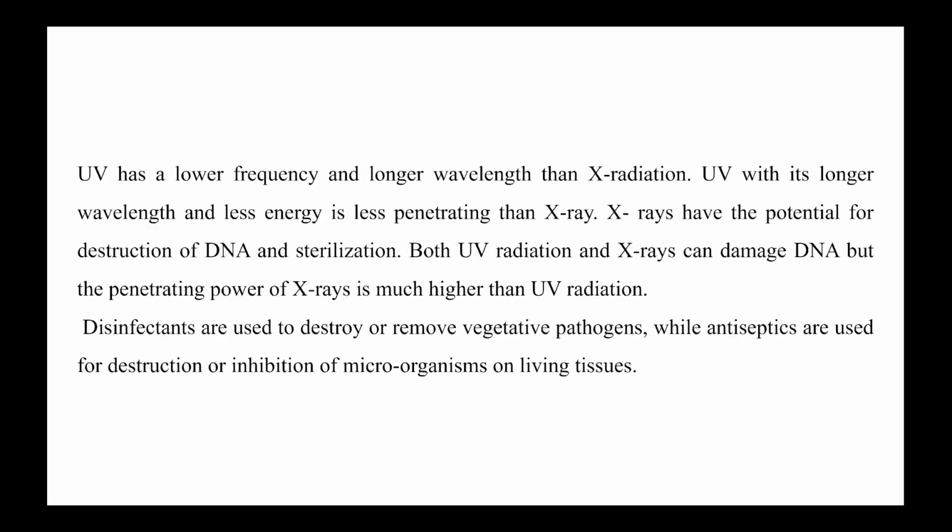UV has a lower frequency and longer wavelength than X radiation, due to which UV has a lesser penetrating power than X-ray. So both X-rays and UV have the potential to damage DNA, but the penetrating power of X-ray is much higher than UV radiation.